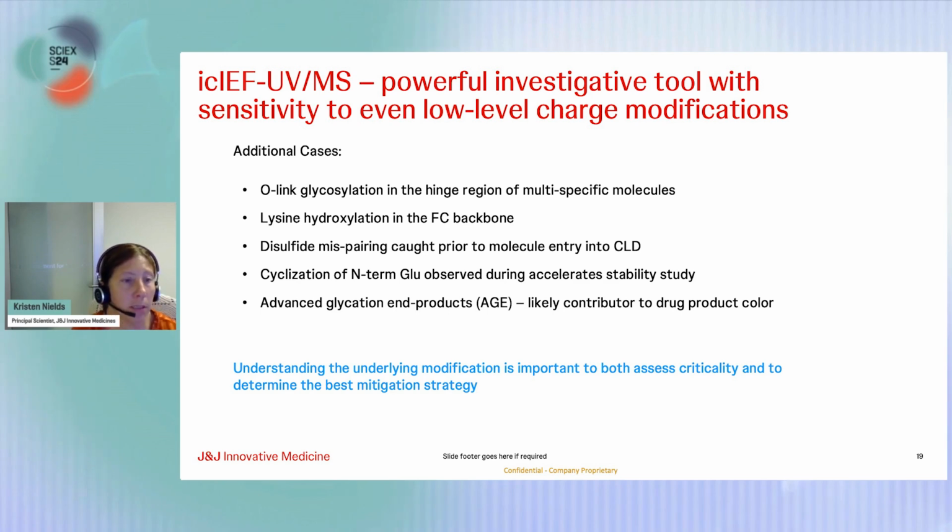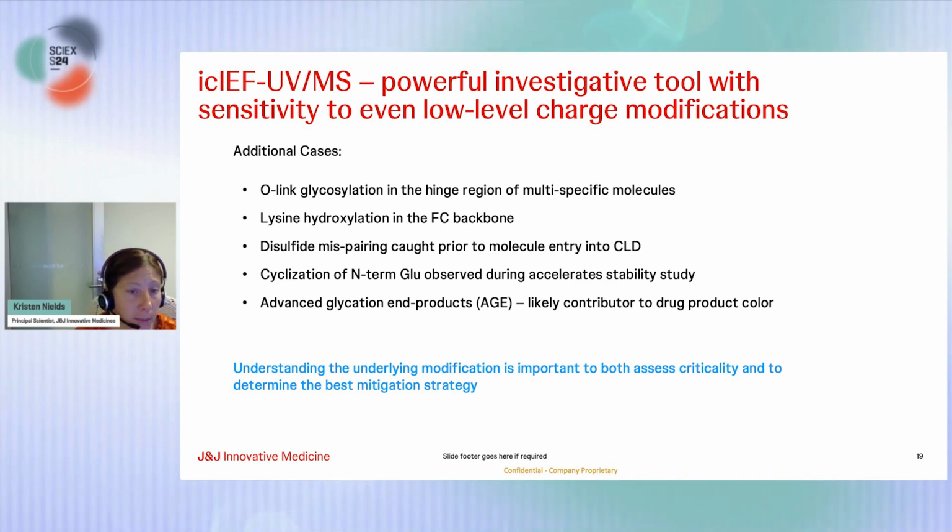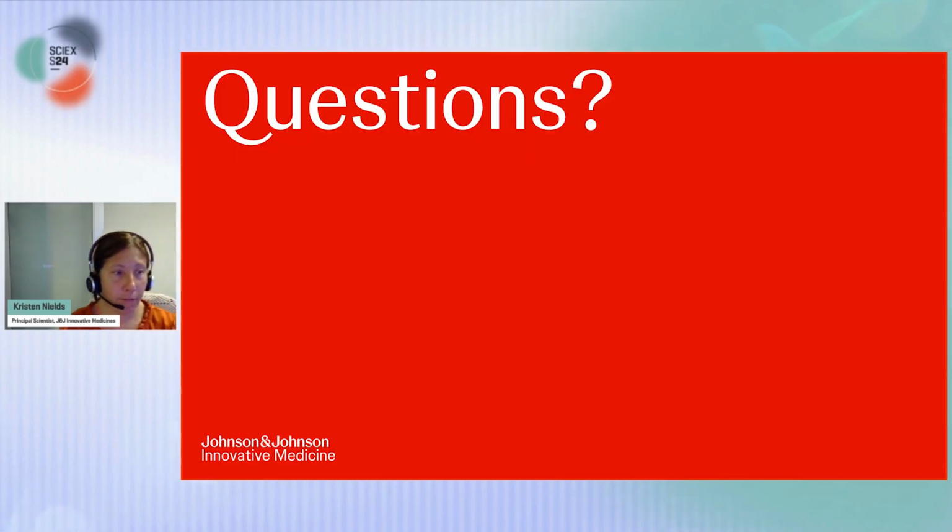We've been able to look at lysine hydroxylation in the Fc backbone, disulfide mispairing caught prior to molecule entry into CLD, cyclization of N-terminal glutamate observed during accelerated stability studies, and advanced glycation end products, looking at how we can dig into the color of our final drug product and what attributes are actually causing that color and how we can lower that to meet a clinical specification. With that, I will leave that for questions.